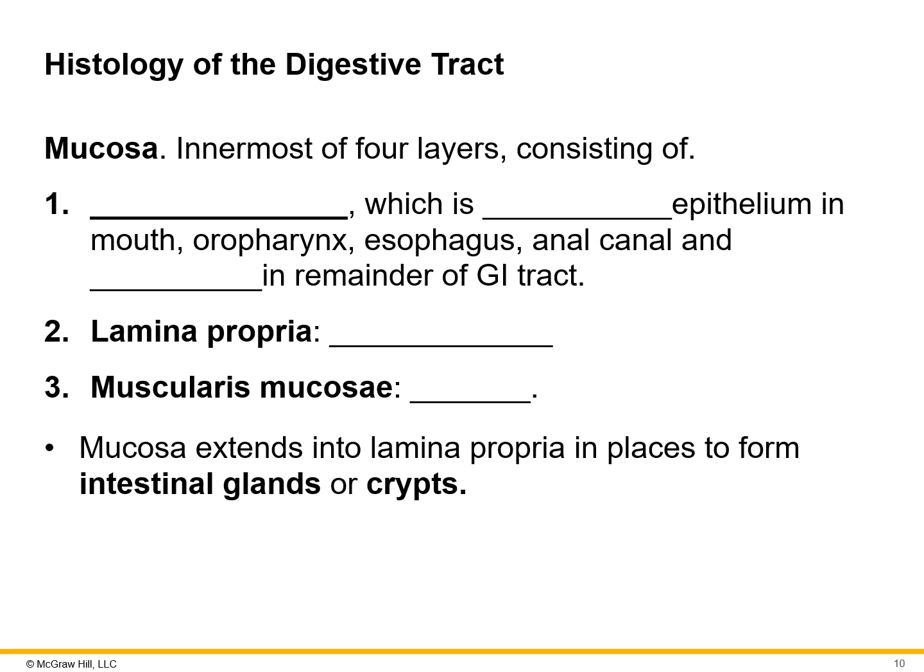So this is the part that we already talked about. So mucosa has 4 layers consisting of the epithelial layer, which in the mouth is stratified, squamous, non-keratinized epithelium, because structure follows function.